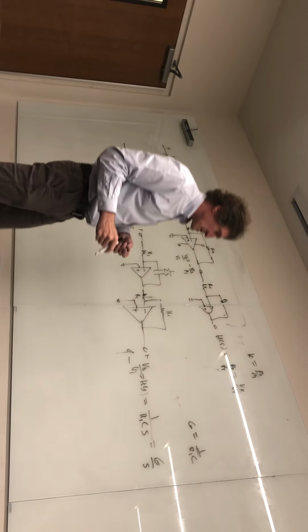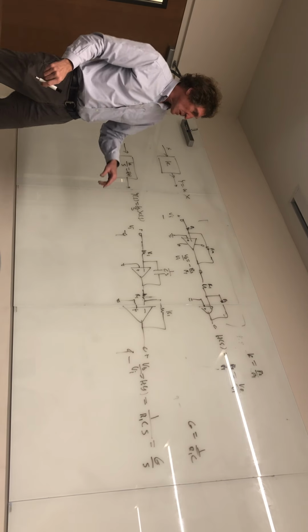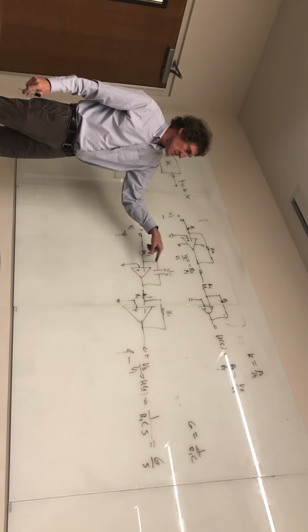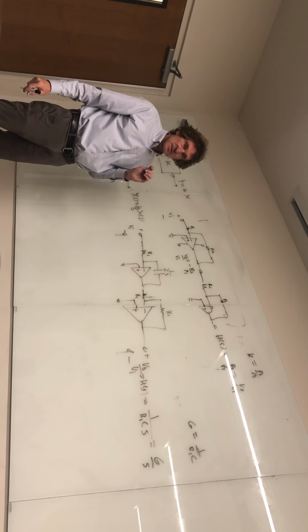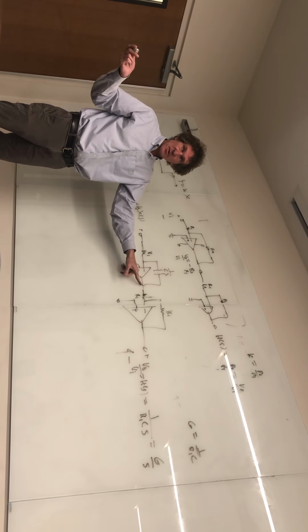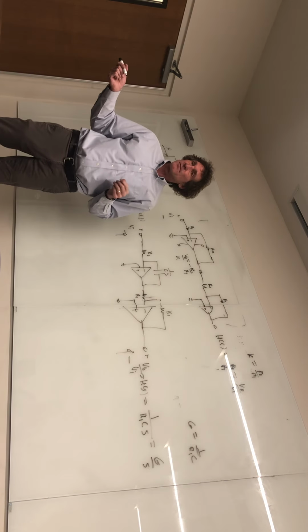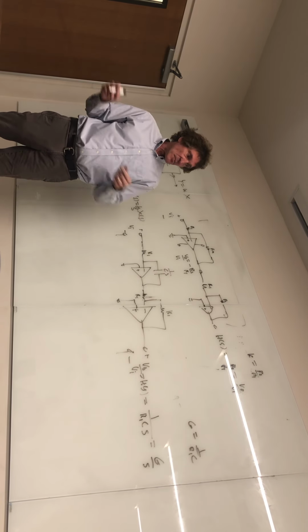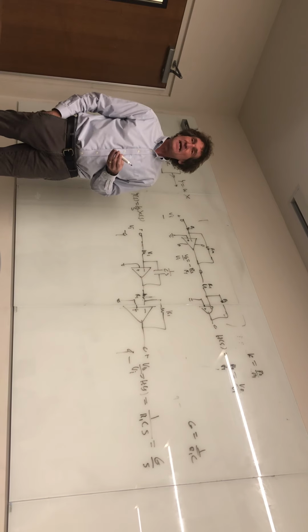I want you to take a look at this. Do you all believe that? Because the transfer function here is this impedance, 1 over CS, divided by this impedance, so it's 1 over R1CS, right? But it's got a minus sign at this point. So to get rid of the minus sign, we'll put it through an inverter. Now that would be the output, just 1 over R1C times S.